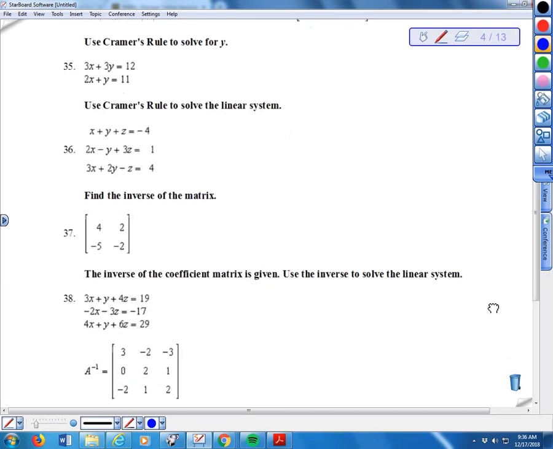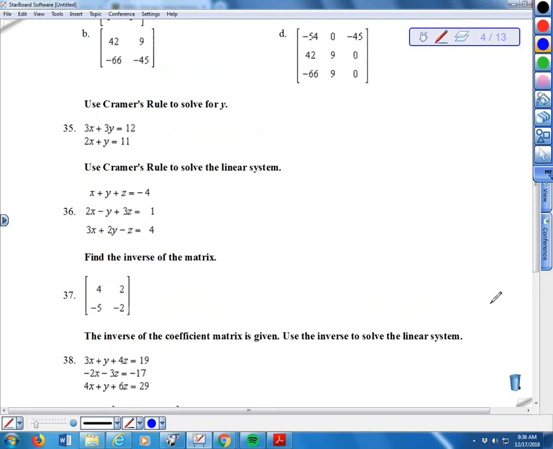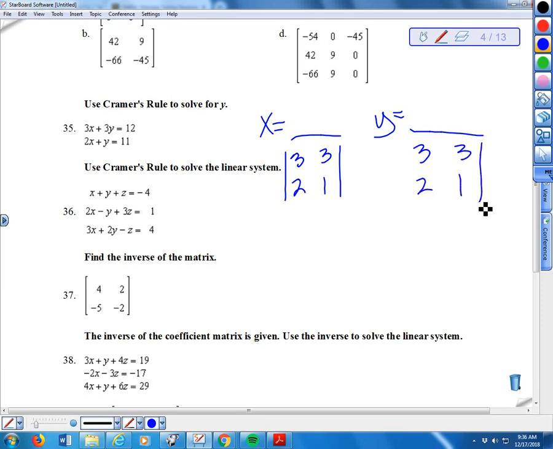Cramer's rule. The denominator is the coefficient matrix, the determinant. And the numerator for x, I just take the constants and I plug them in for the x column.